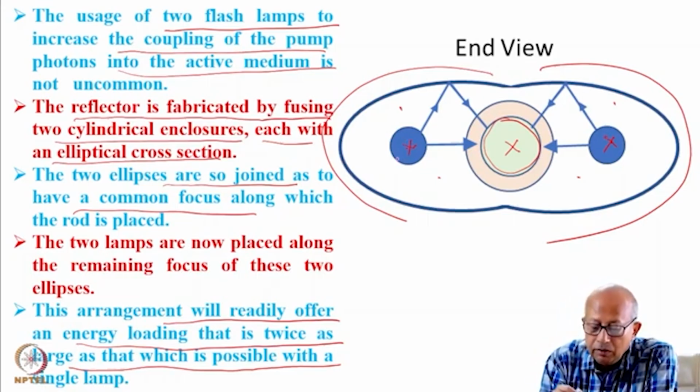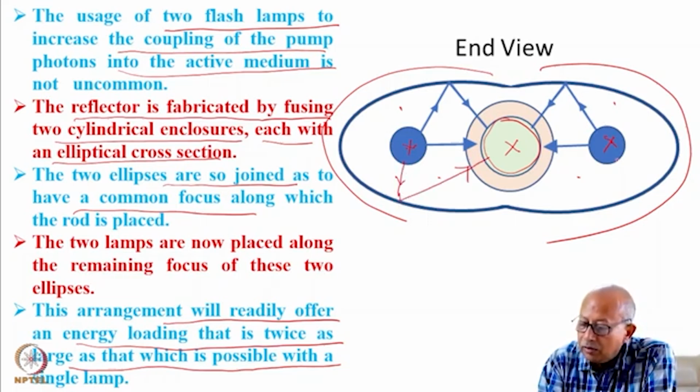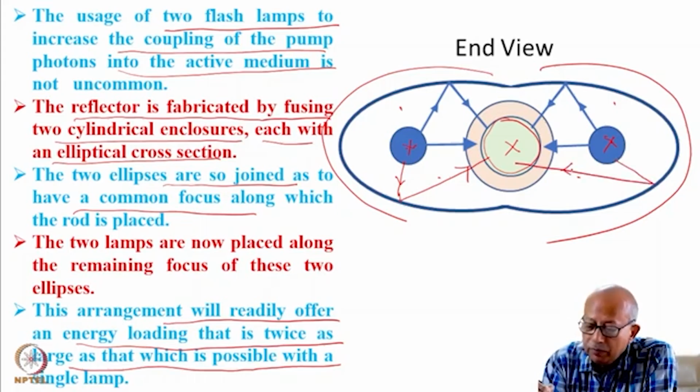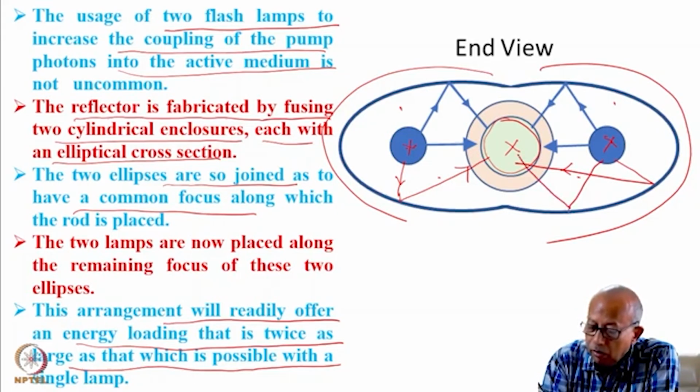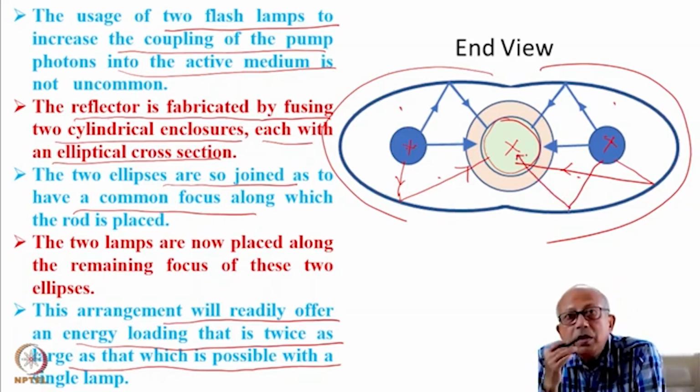So here again, the light which escapes in other directions would be directed onto the rod. This will increase the efficiency of pumping.